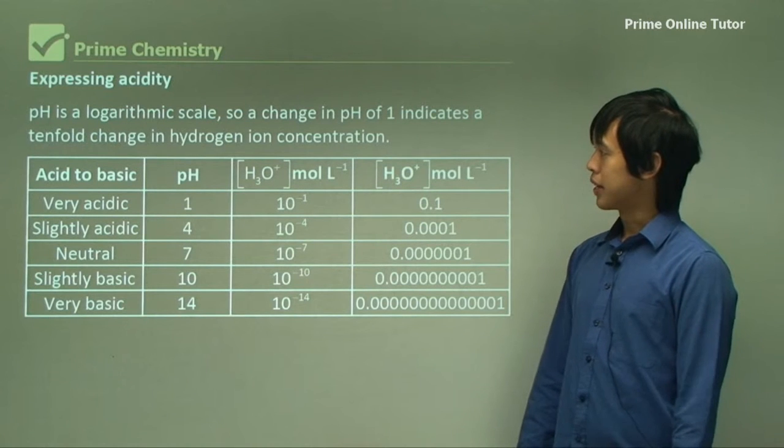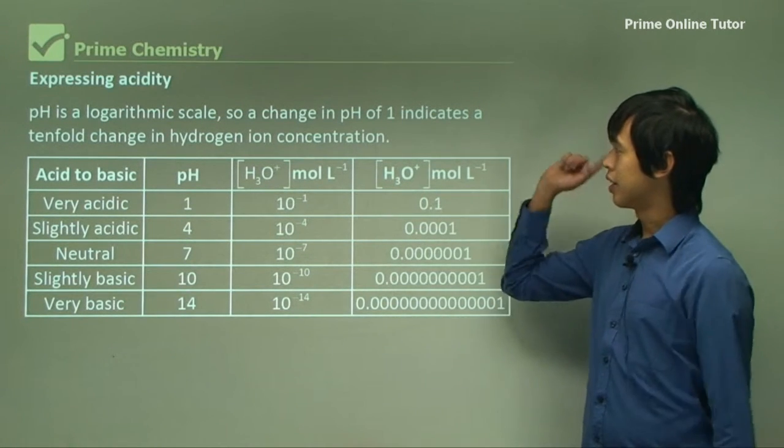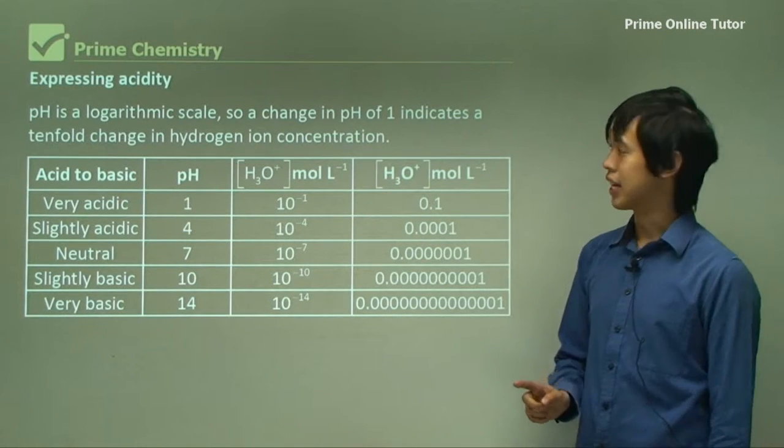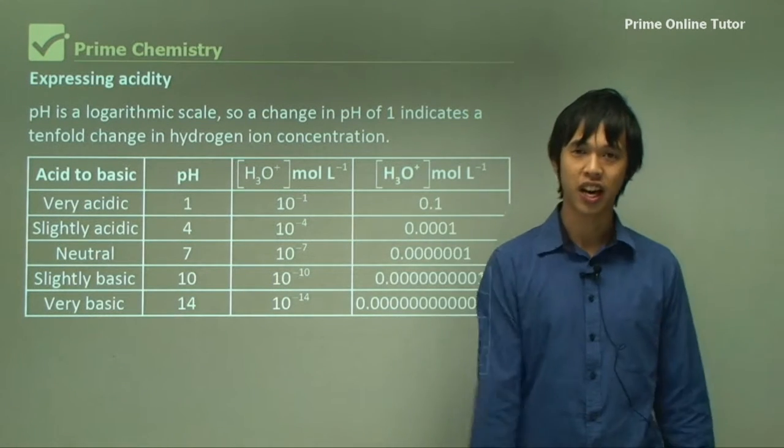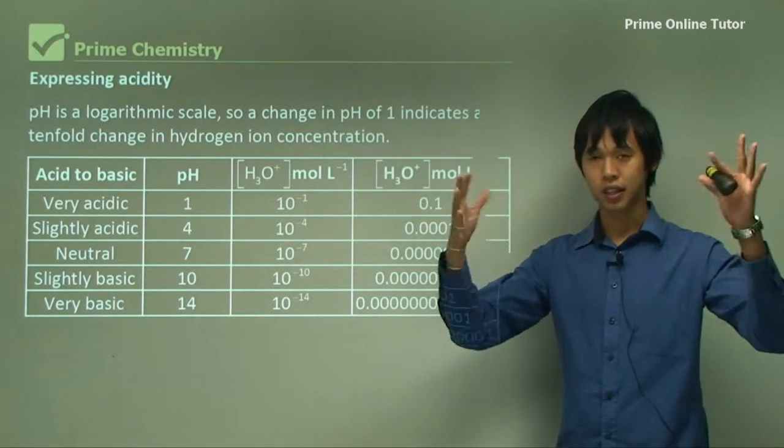Okay, pH is a logarithmic scale, remember, as I mentioned. So a change in pH of 1 indicates a tenfold change in the hydrogen ion concentration. Okay, so this is a product of the logarithm again.